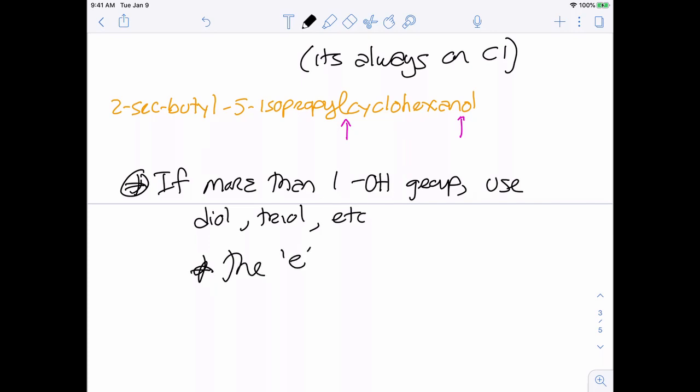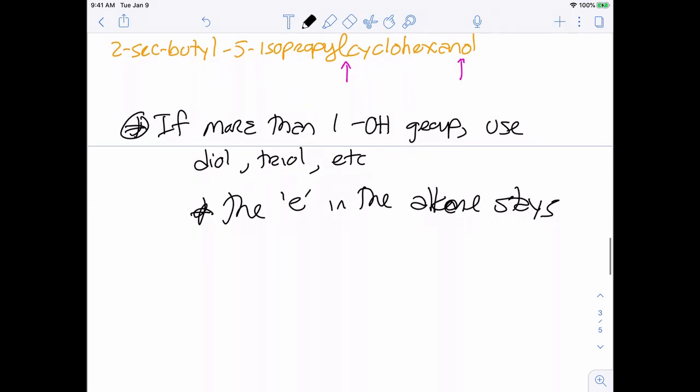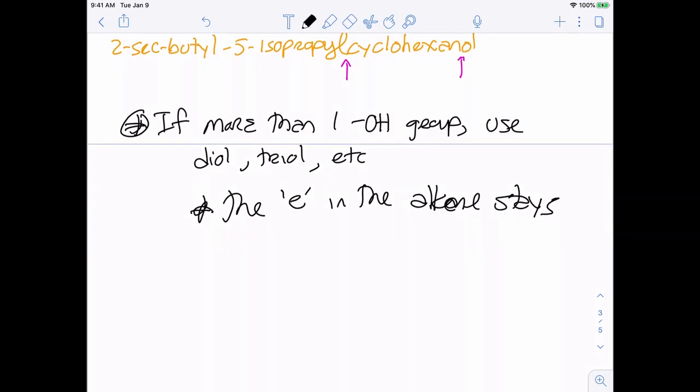The E in the alkane name stays. Sorry about that. I don't make up these rules, so you can't really get mad at me, right? I'm just the messenger.